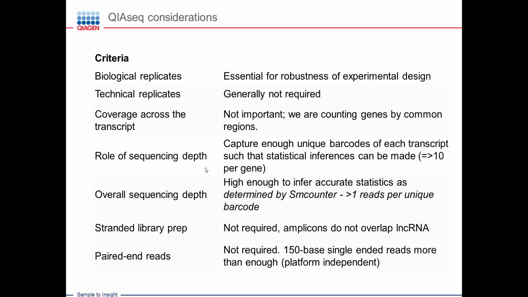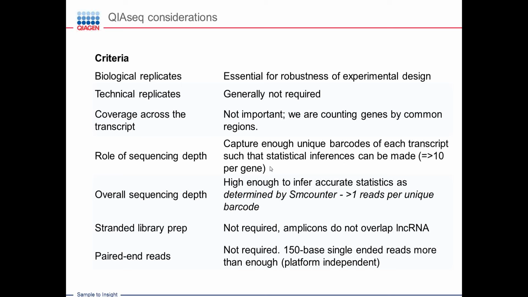In terms of sequencing depth, we don't express it quite the same way when we're using molecular barcodes as people generally do. We need to capture enough unique barcodes of each transcript, and I'll show you this in an upcoming slide, such that statistics make sense for us. And what this turns out to be is that as long as we can capture 10 unique barcodes per transcript per gene, the variance is very low.